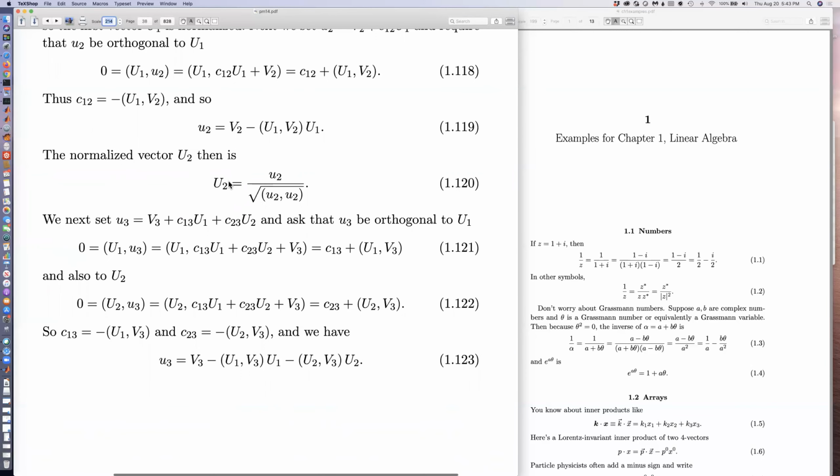If you take the inner product of this with itself, you get in the numerator U2 inner product U2. In the denominator, you also get U2 inner product U2. So that's unity. So the way you normalize a vector is you take the vector and divide it by its norm. Its norm is the square root of the inner product of the vector with itself.